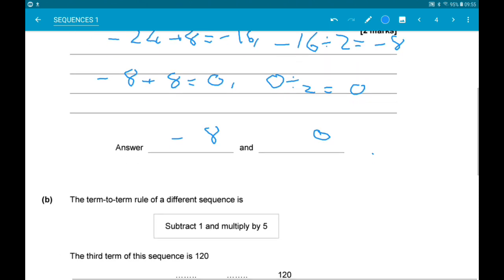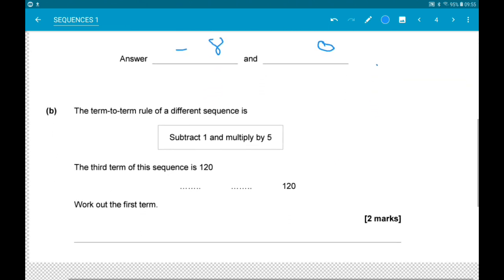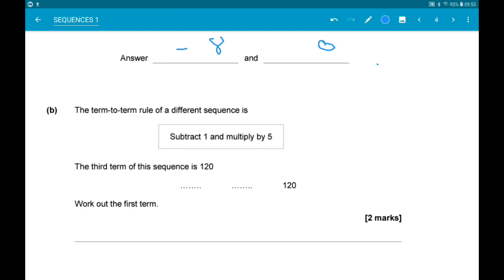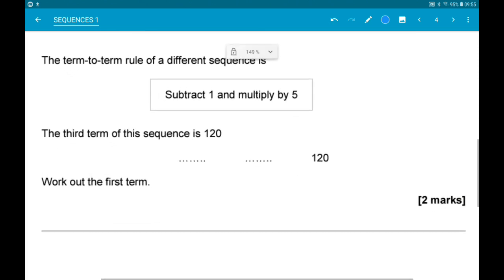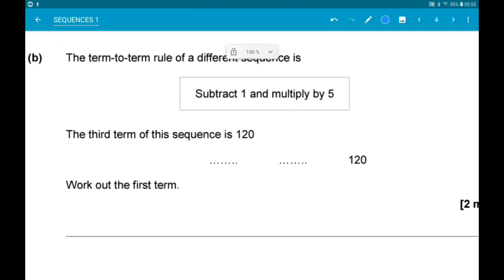Okay, then for part B, the term rule of a different sequence is to subtract a 1 and multiply by 5. The third term is 120. We want to work out the first term. Okay, so to go backwards through the sequence, we go backwards through the rule. So we're going to divide by 5 and then add 1.